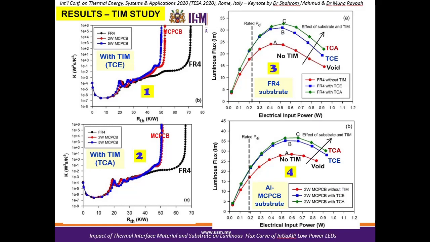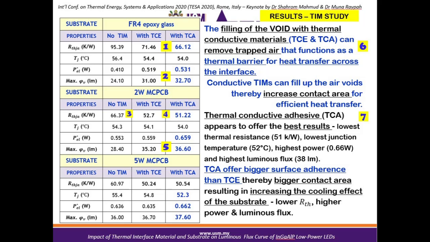Due to the complexity of the data, we compile the results in a table which is presented in the next slide. This table summarizes the results from the data in the previous slide.